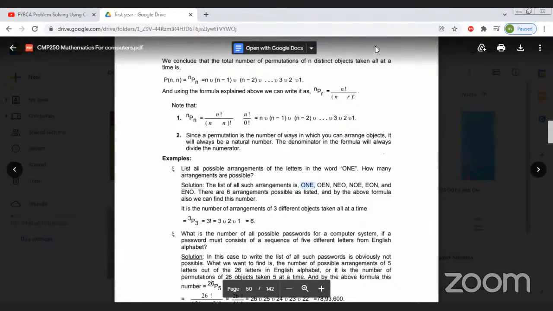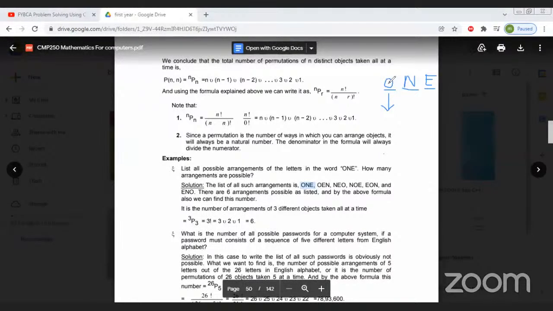The other way around: if in your question they have not mentioned whether there is repetition or without repetition, you have to consider it as without repetition for sure. Now they are saying list all possible arrangements. So this place has how many elements?